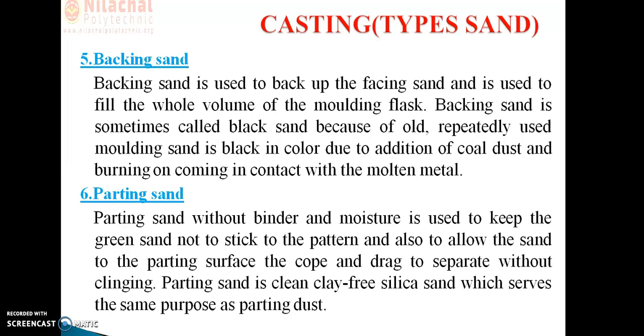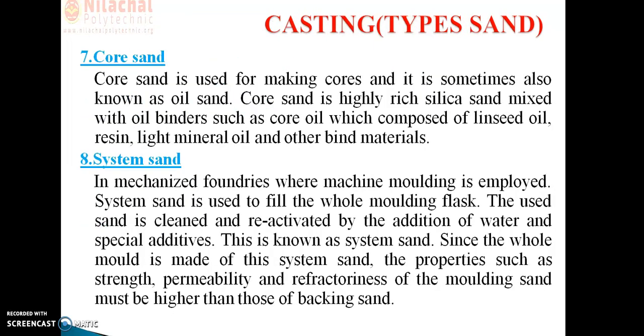Let us discuss the next one, core sand. The sand which is basically used for making cores is simply known as core sand. Sometimes it is also called oil sand. This sand is composed of silica sand mixed with core oil, which is composed of linseed oil, resin, light mineral oil, or other binding materials.